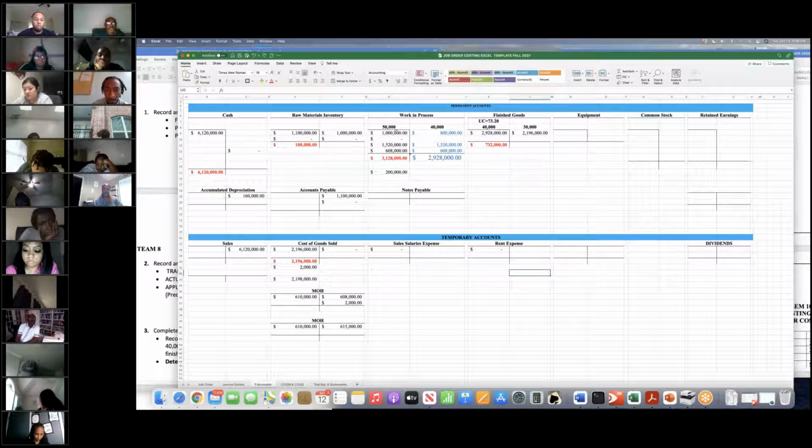We transferred $1 million into work in process, so that left $100,000. Then the labor is here. Then here's the overhead. So the total cost in work in process is $3,128,000. Are there any questions?